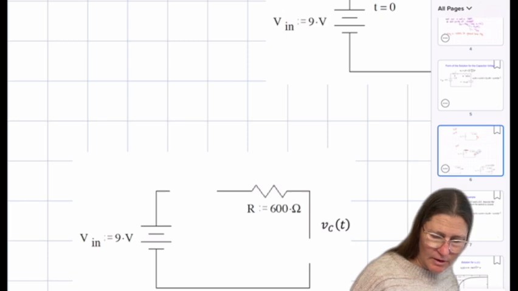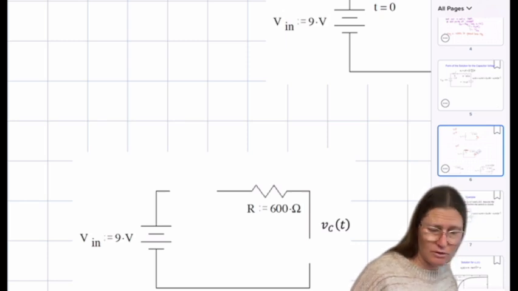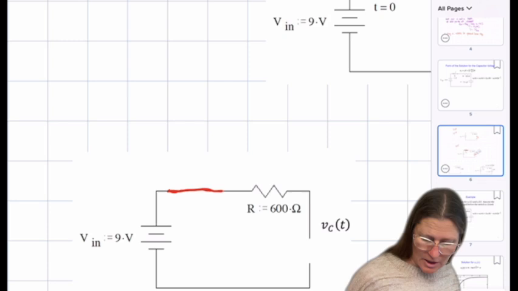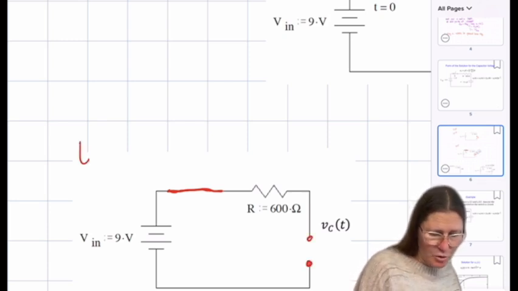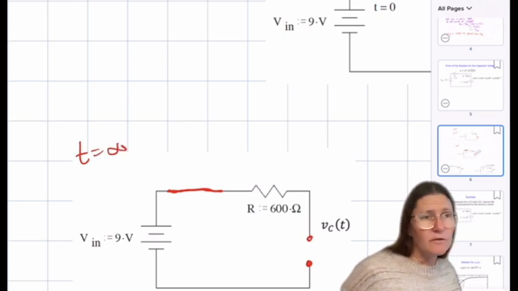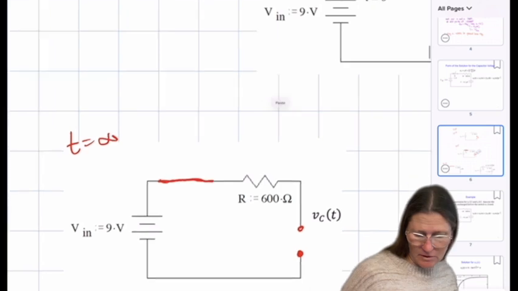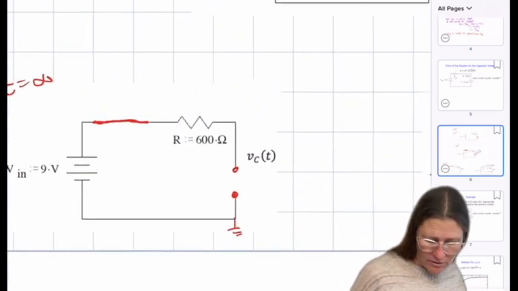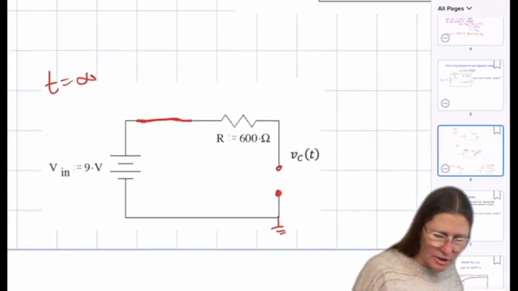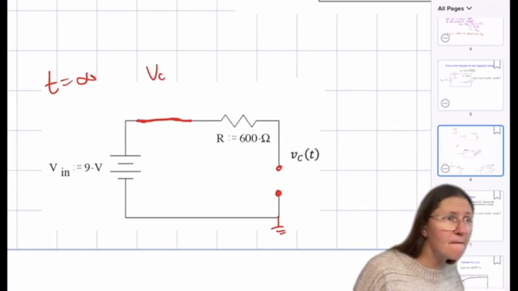Is it open or closed? Closed, correct. And then this goes back to an open, and I'm solving for VC there. So what value will VC be here?